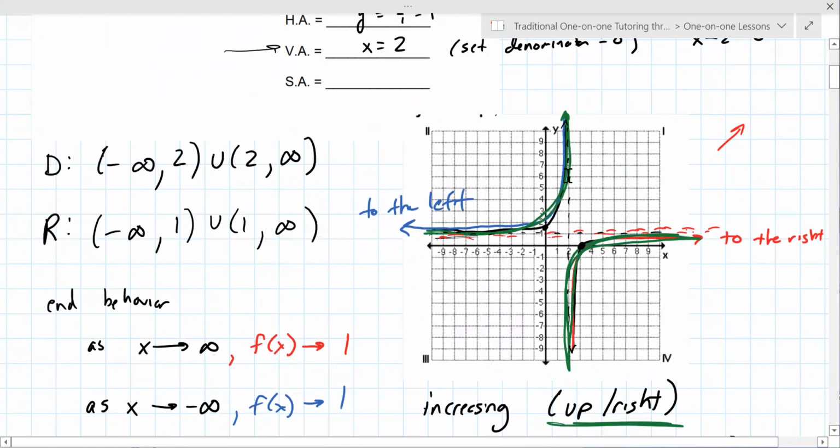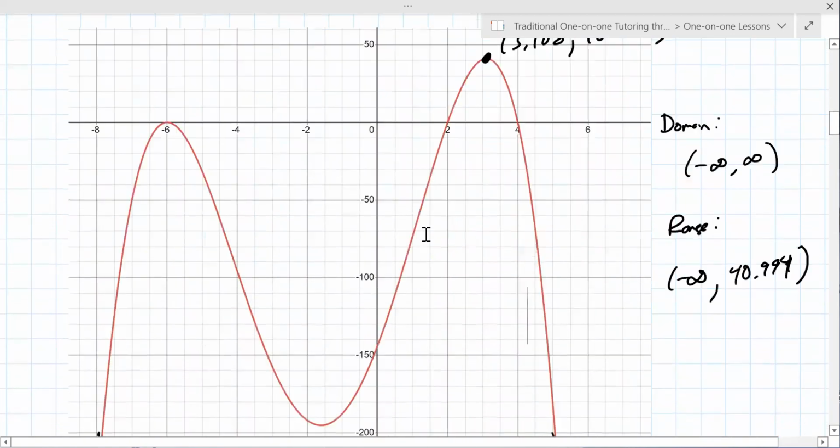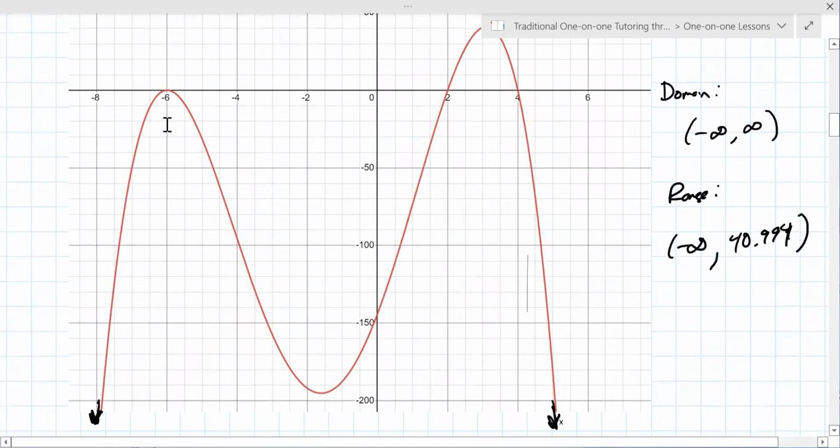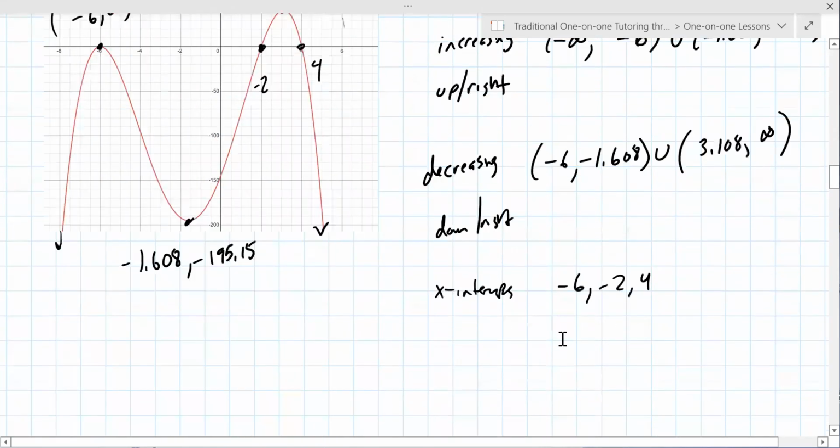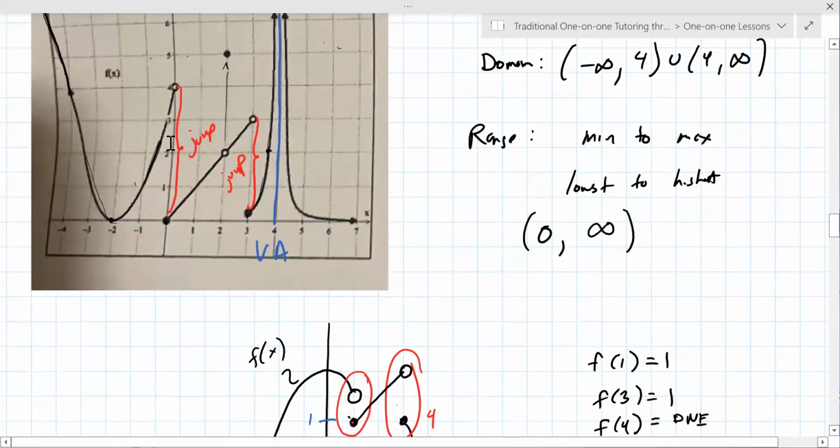And that's because this one's rational, so it's kind of an awful one. This one has domain everywhere, and it's also continuous everywhere. So it's only where there are these jumps, holes, and vertical asymptotes that you really have to start considering domain and range being different.